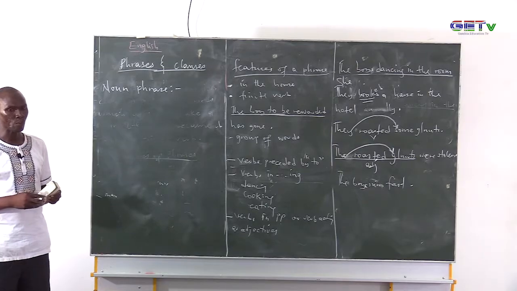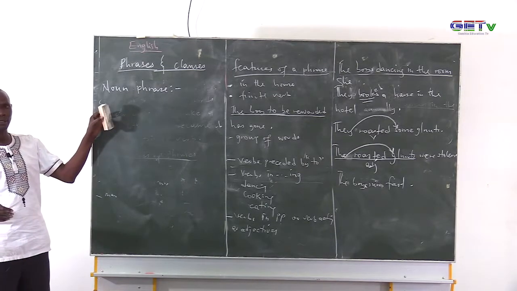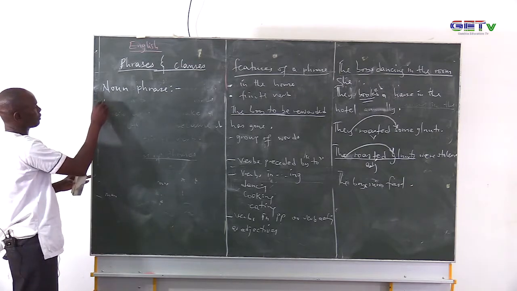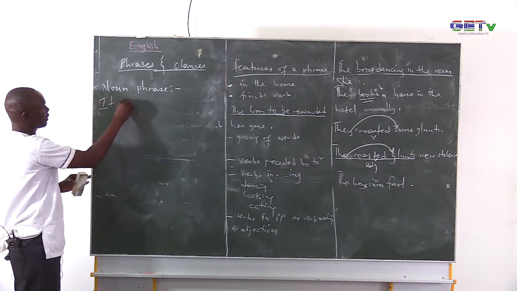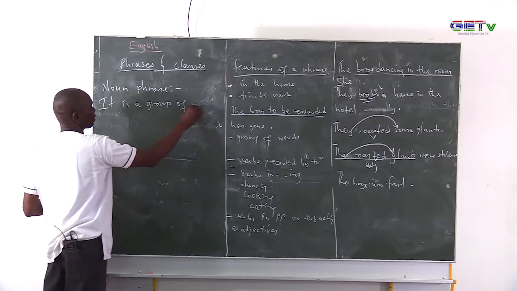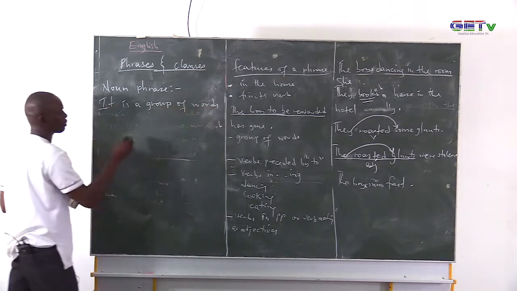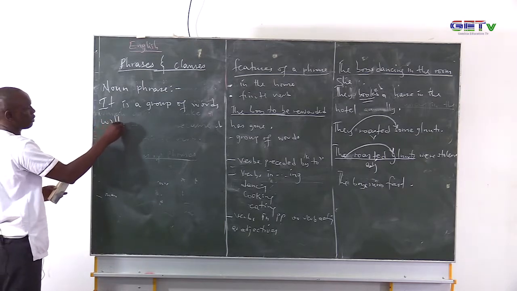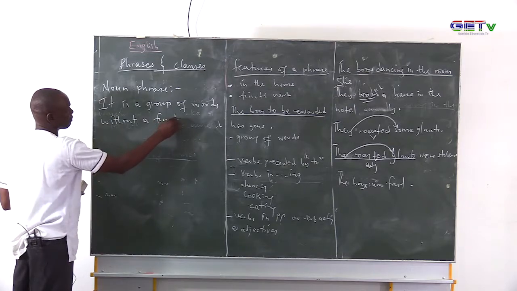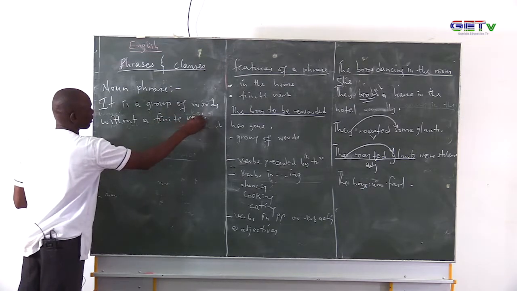Okay? So noun phrase, good. So noun phrase is a group of words without a finite verb. Do we just stop there?